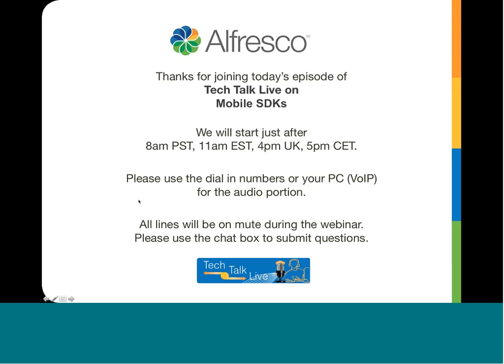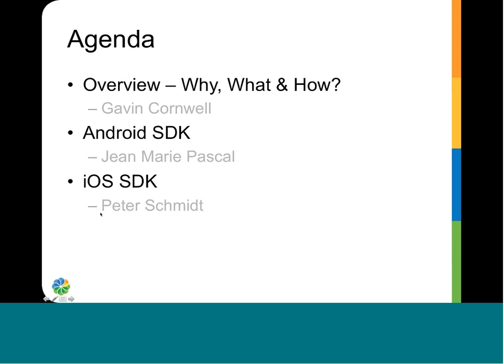Peter is, should I assume Peter is working on the iOS part, and Jean-Marie, I know what you're working on. You're the Android guy. Yeah, that's right. Cool. Well, I will turn it over to you guys, and as usual, I will be interrupting you at awkward moments during the talk to ask questions. But other than that, I'm going to let you guys jump right into it.